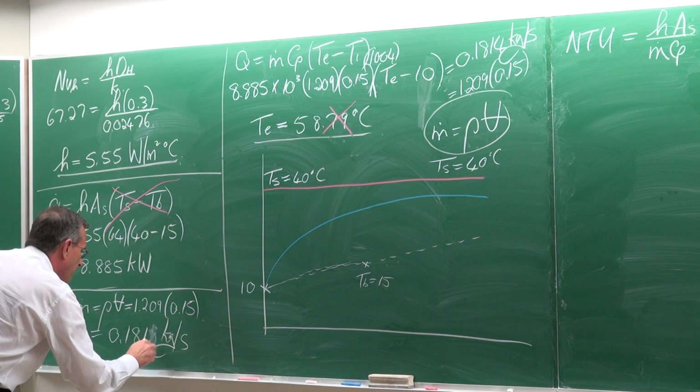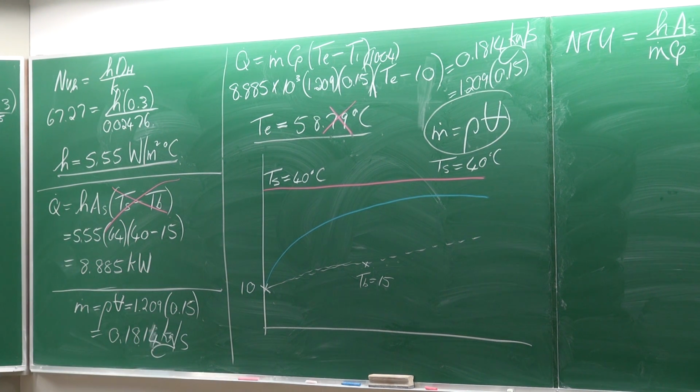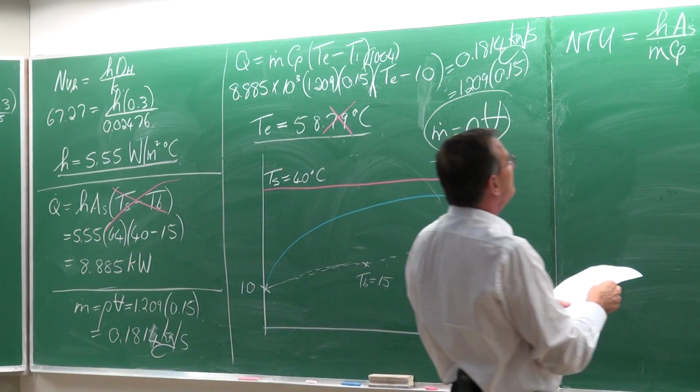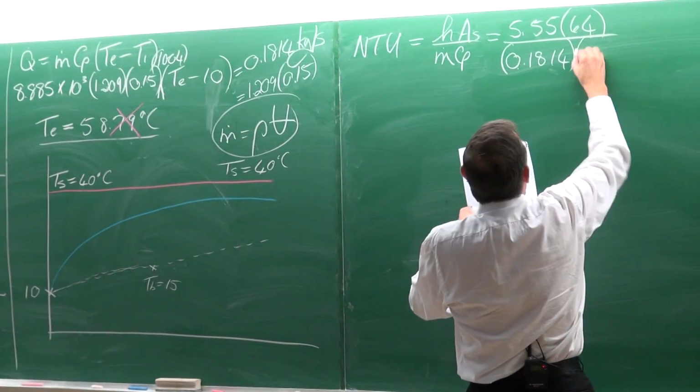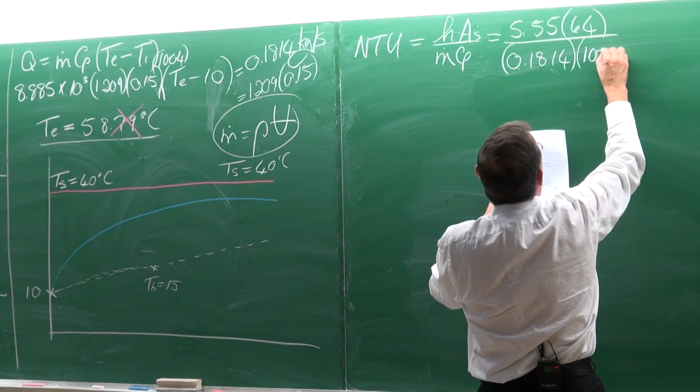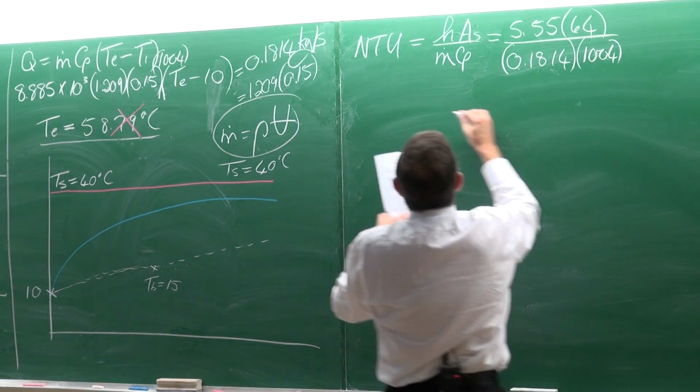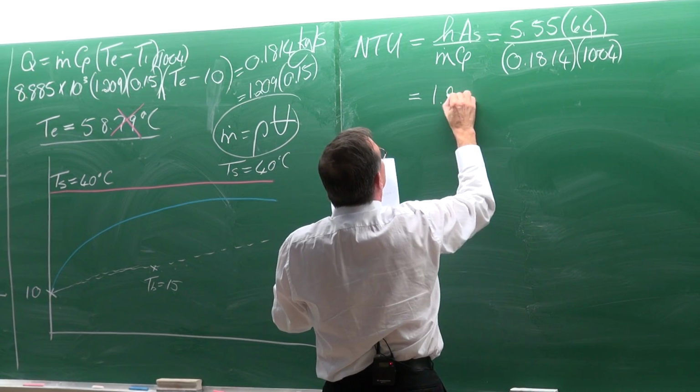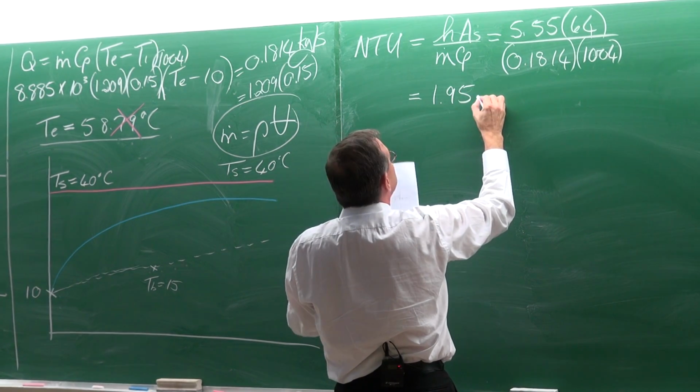Right, multiplied by CP, and CP is 1004, and the NTUs is equal then to 1.952.